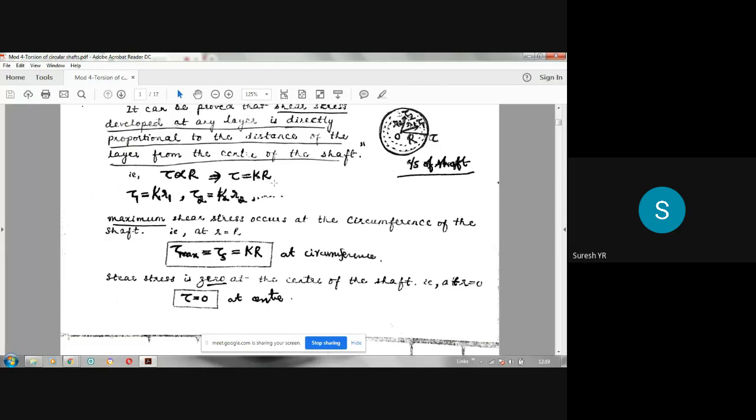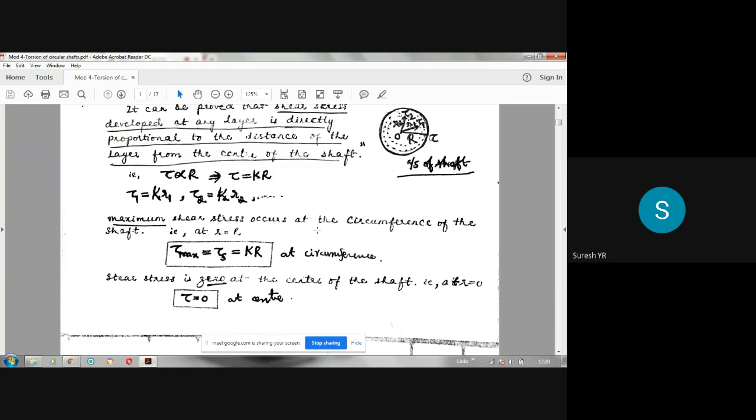That is, at the center of the shaft, O, r is equal to 0. So when r is equal to 0, you will be getting tau is equal to 0. So tau is equal to 0 at the center. Tau max is also written as tau s, that is equal to k into R. So at the circumference, this is the shear stress value. At the center, this is the shear stress. So these two you should keep in mind.